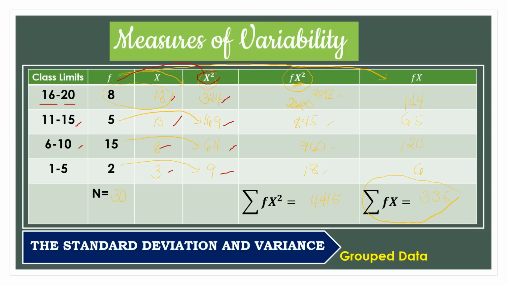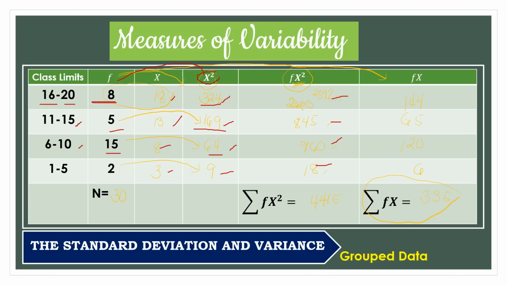So 8 times 324 is equal to 2,592. 5 times 169 is 845. 15 times 64 is 960. And 2 times 9 is equal to 18.